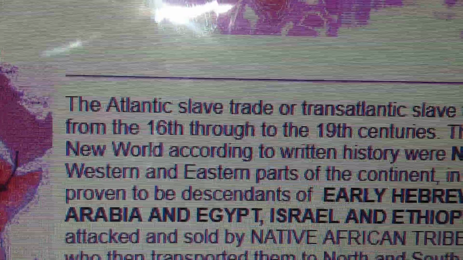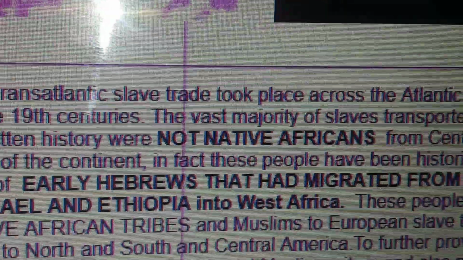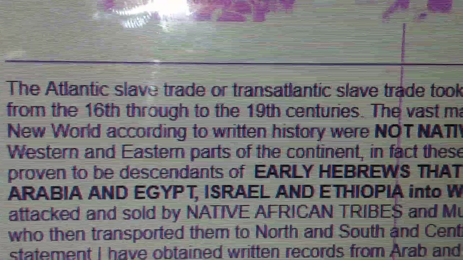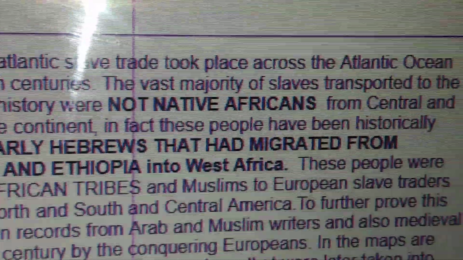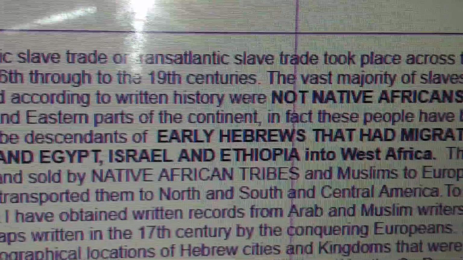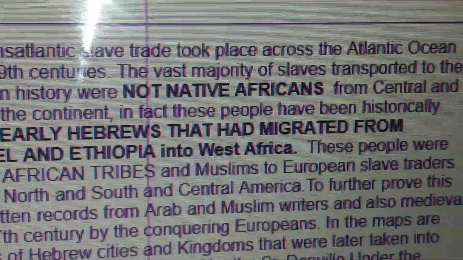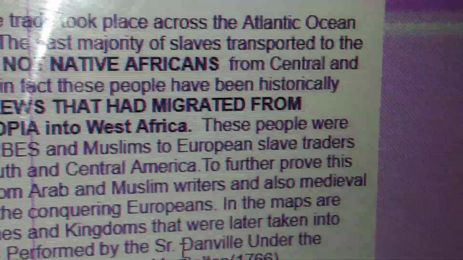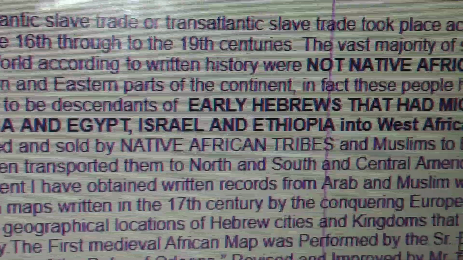You all can see right here, it says the Atlantic slave trade, or the transatlantic slave trade, took place across the Atlantic Ocean from the 16th through the 19th centuries. The vast majority of slaves transported to the New World, according to the writings' history, were not Native Americans. Excuse me, not Native Africans from Central and Western and Eastern parts of the continent.